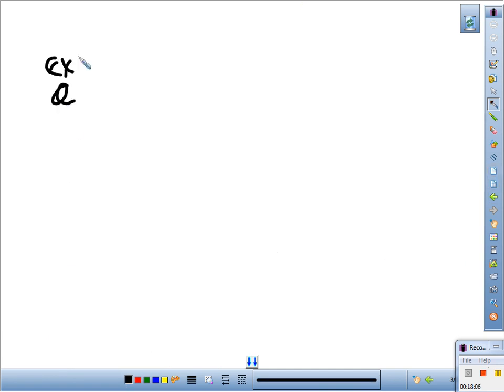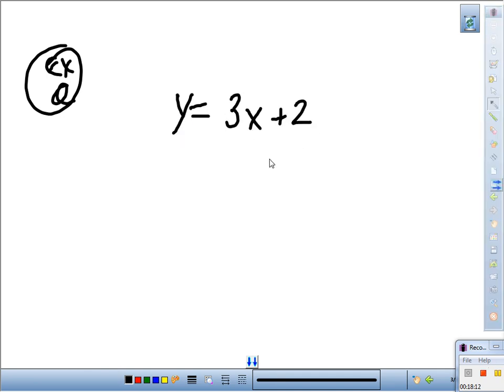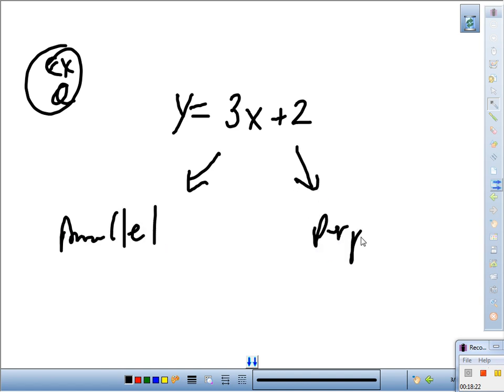Example Q, write this down. Y equals 3x plus 2. I want you to write me a parallel and a perpendicular equation to a line if we were to graph that.